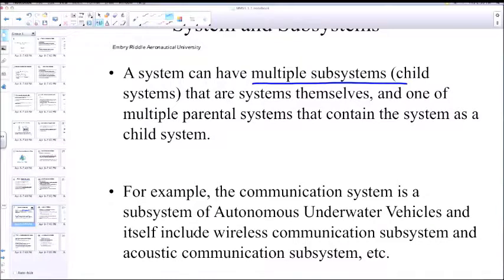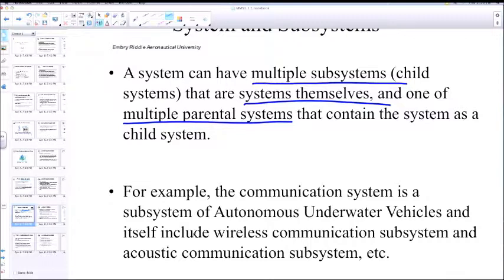And these subsystems are systems themselves, and they can also have subsystems, and they can have either one or two or multiple parental systems, or we call them super systems.